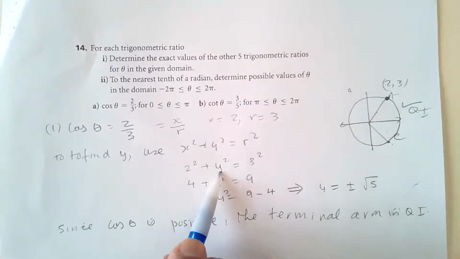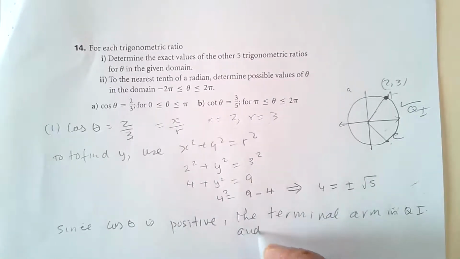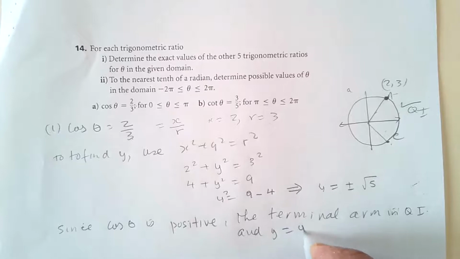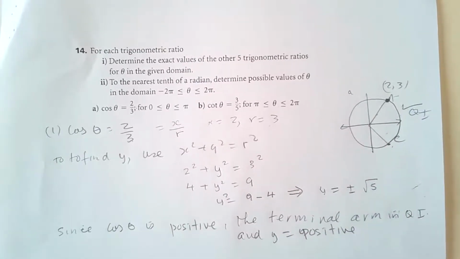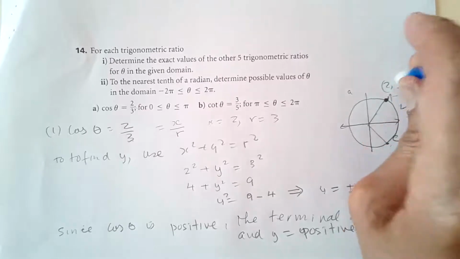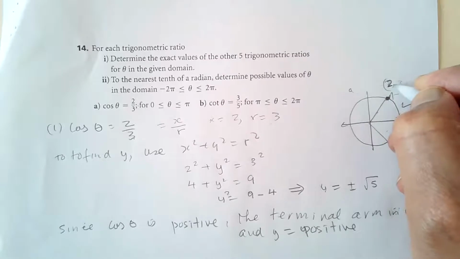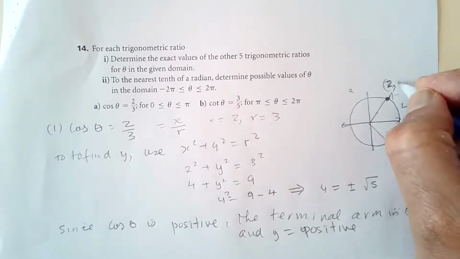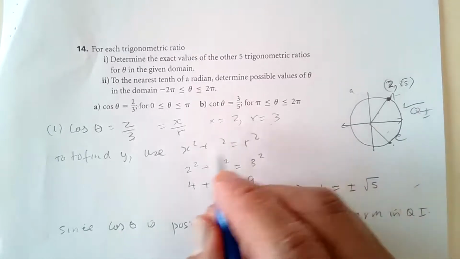And therefore, y is positive. So this has to be positive. That's why I can conclude here. Oops, this is my select point. Sorry, that's 2. Now I found my y.